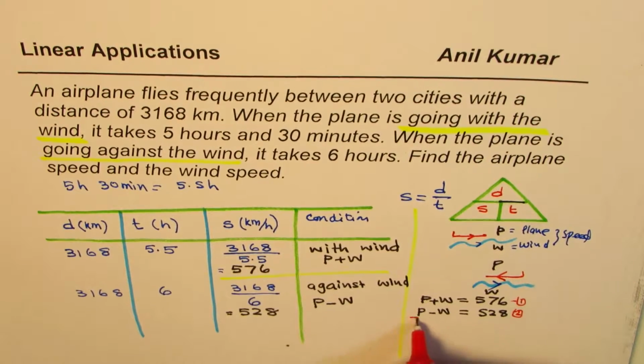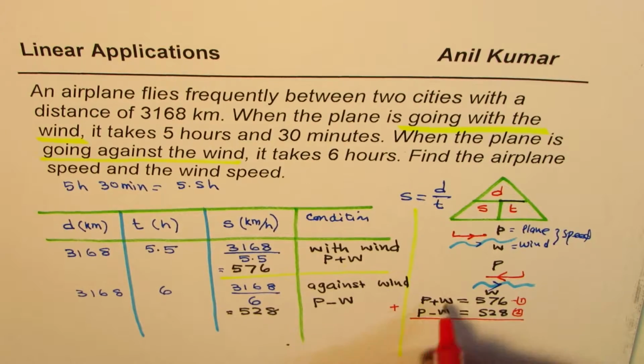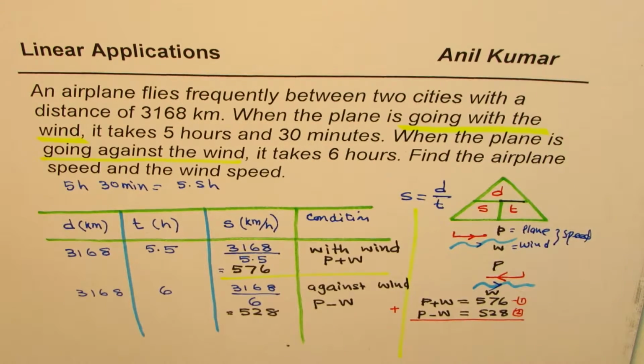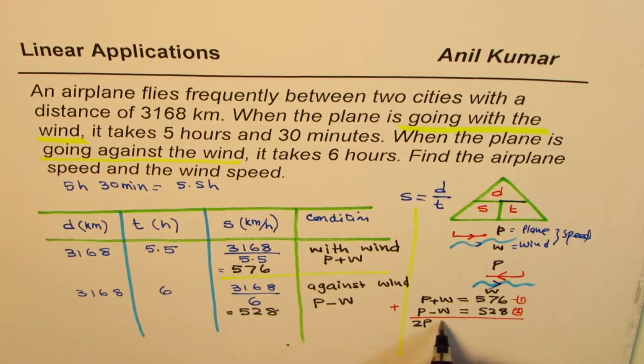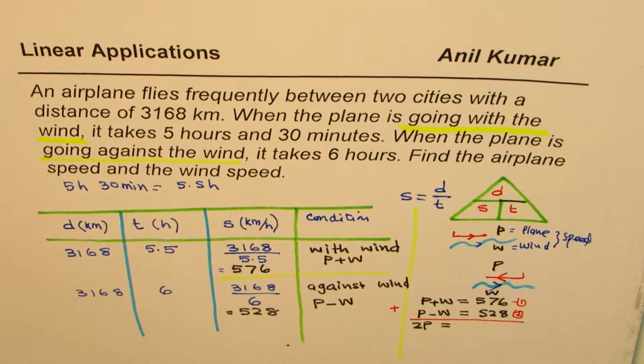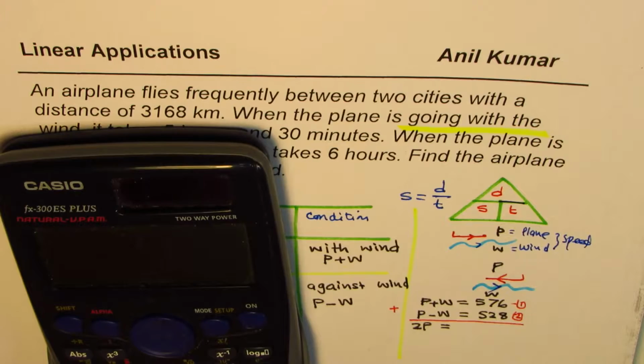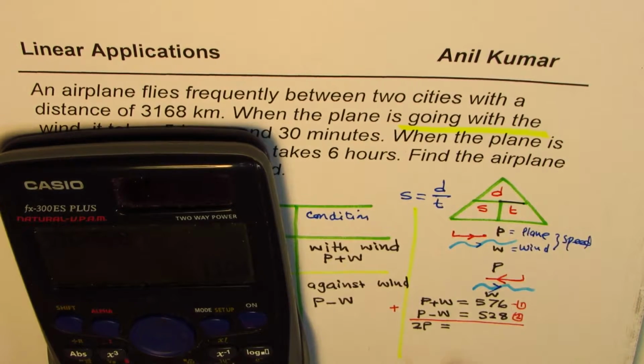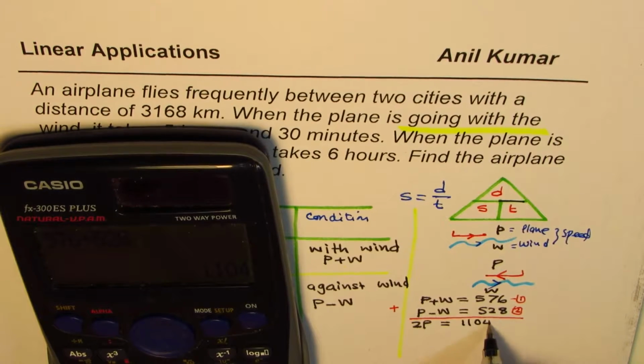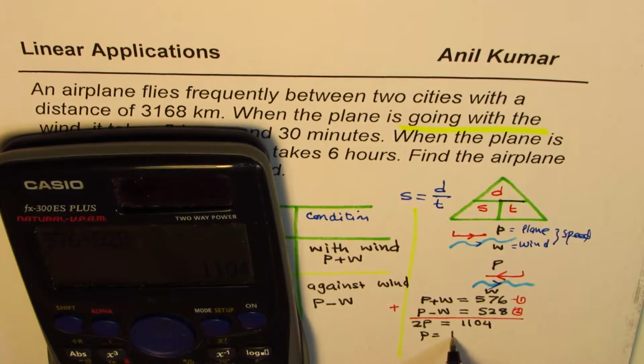You could just add them up. So if you add them up, what do you get? You get 2 times P equals 576 plus 528, which equals 1104.